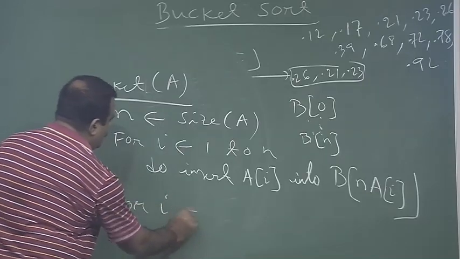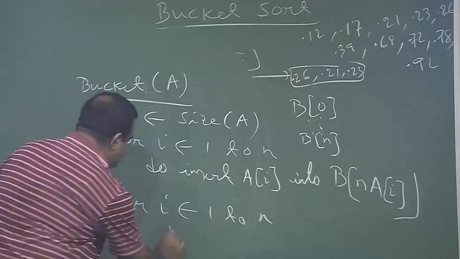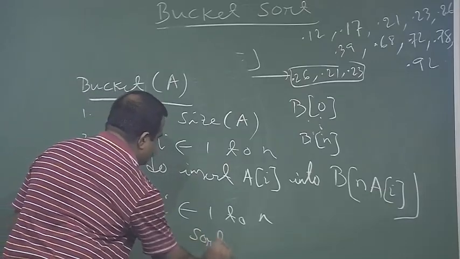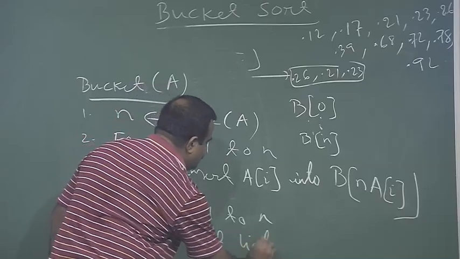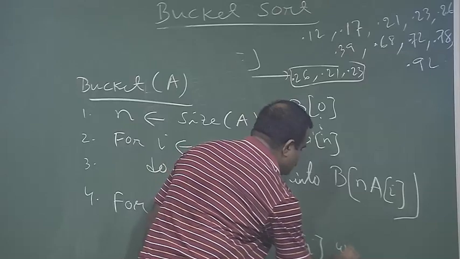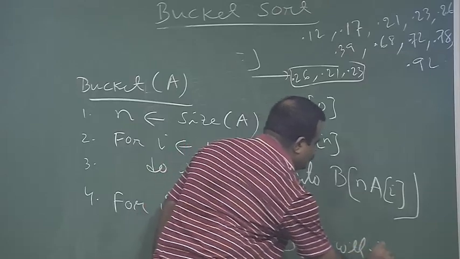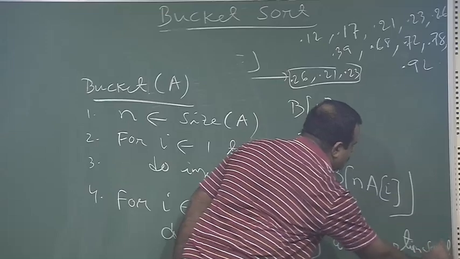So, this is the bucket filling. Then each individual bucket we need to sort using insertion sort. For i equal to 1 to n, there are n buckets, so we sort the list of elements in the ith bucket with insertion sort.